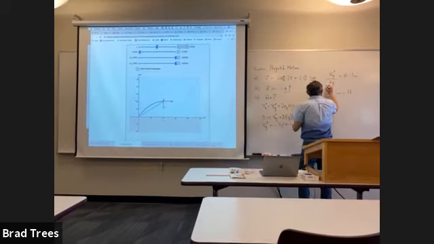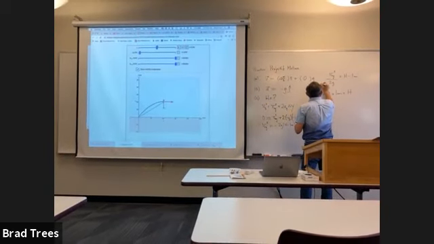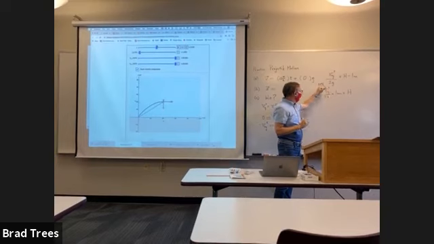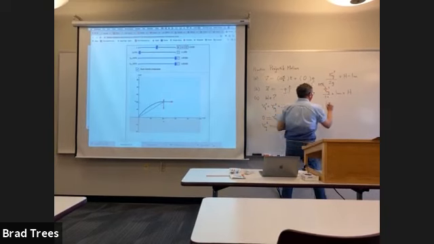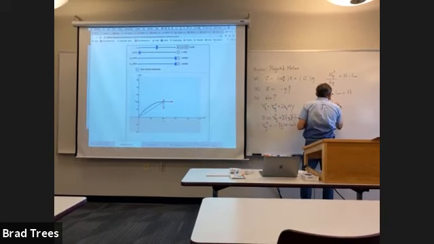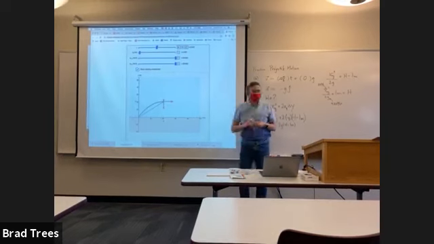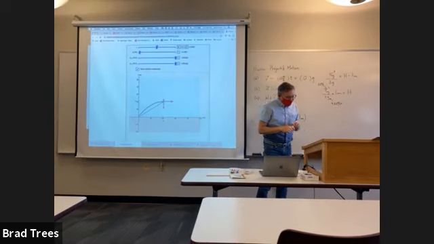For the v initial y, you put in 20 meters per second, right? Don't forget to square it though. 20 meters per second squared divided by 2. Now for the g, you can indeed put in, but note how I write it, 9.80 meters per second squared. Okay?